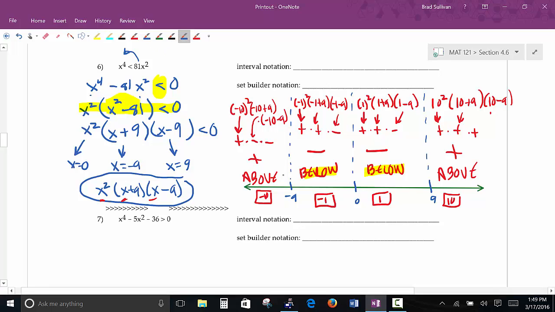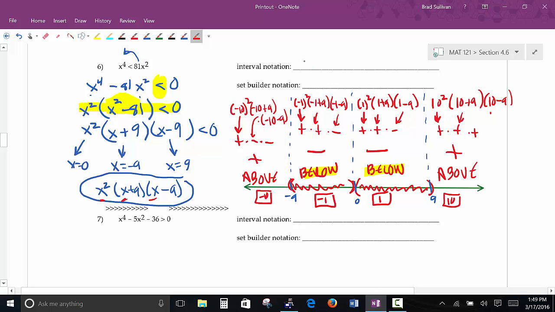So when you do this, I'm going to just draw a graph on the number line because sometimes it is helpful for students to see it. It's basically parentheses, negative 9 to 0, shaded in between, and then it's 0 to 9, shaded in between, but you have to exclude the 0 because it's less than.